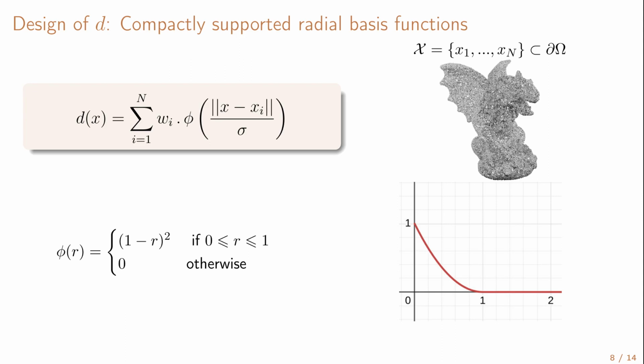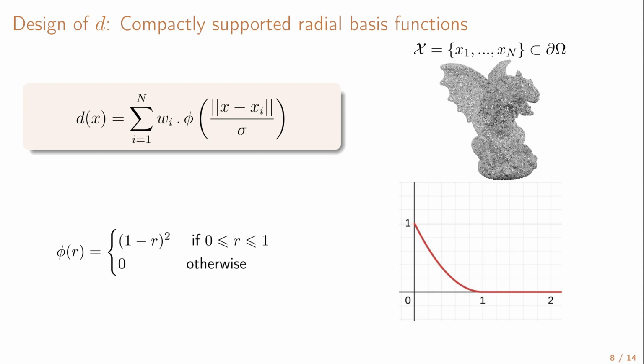The function we consider is this polynomial, so it's 0 when the distance is larger than some threshold parameter sigma. This accounts for the fact that our detail field is only defined in some narrow band of width sigma around the zero level set.